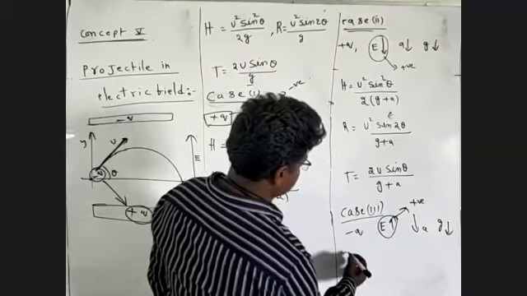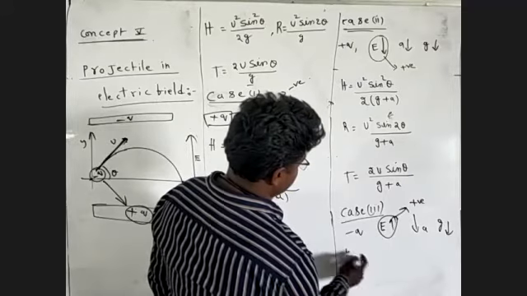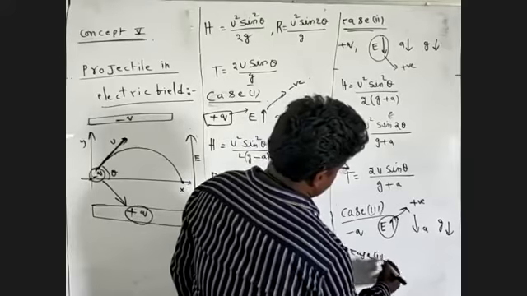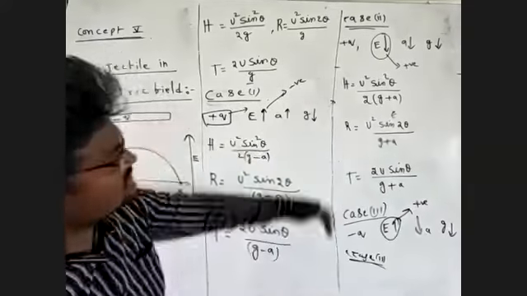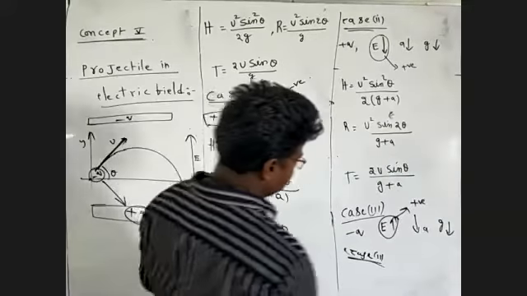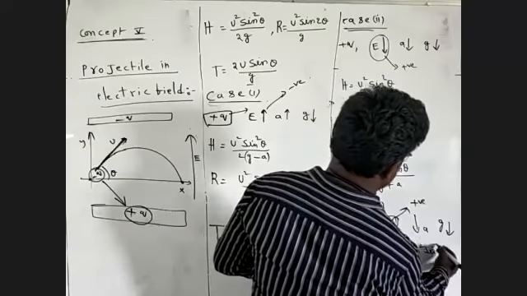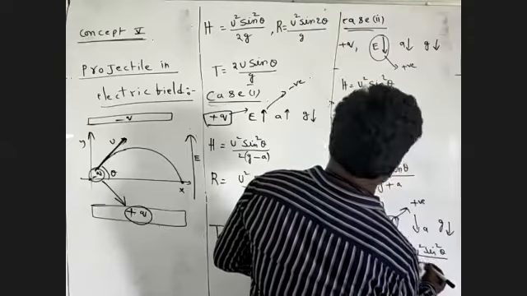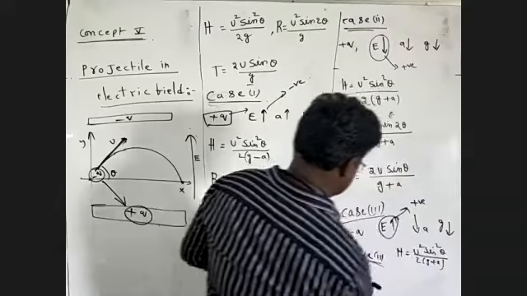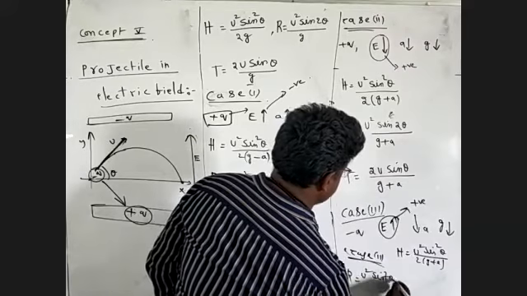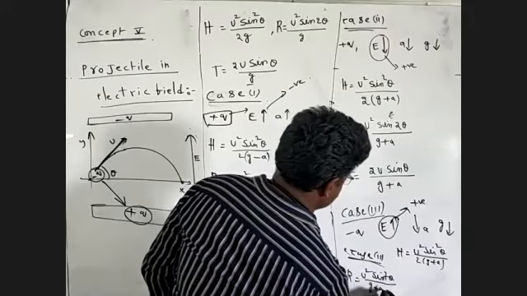Now you can write all equations for case number 2. Height: u squared sin squared theta by 2 into (g plus a). Range: u squared sin 2 theta by (g plus a).